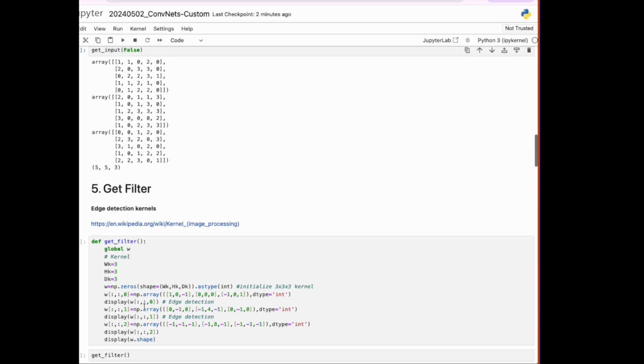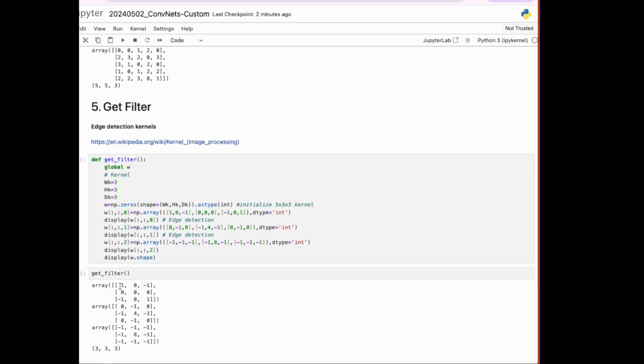So then we define our filter. For each channel you can define a different filter. In this case, as I previously said, we have a kernel for edge detection in red, a kernel for attention in the green, you see the same numbers that we used before, and a kernel for very strong attention in the blue.